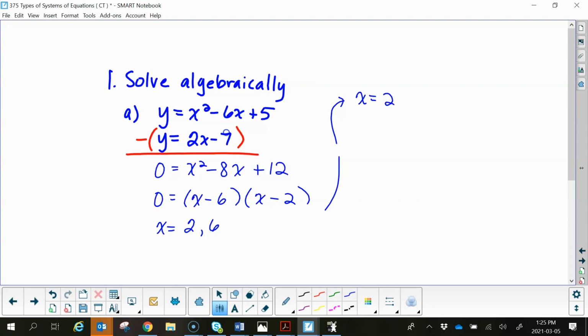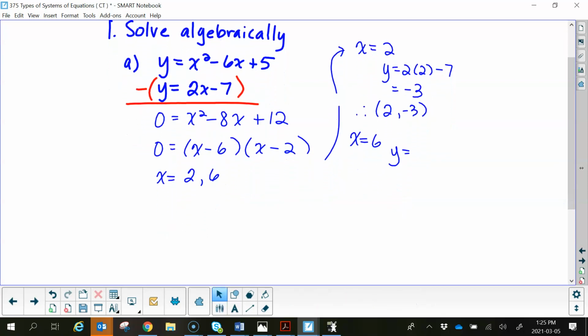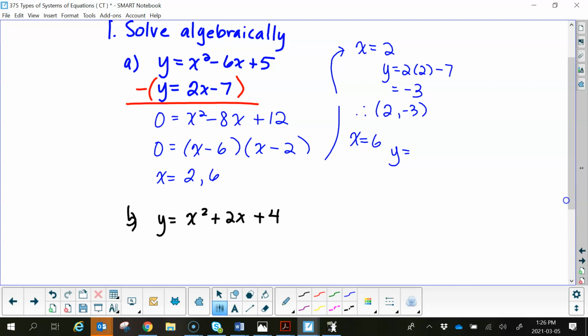I would put it back into their linear because that's just faster, right? Okay, so 2 points of intersection, and then I would summarize it.